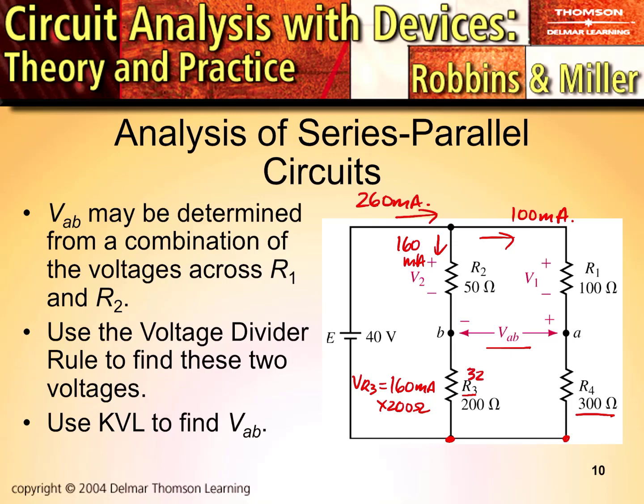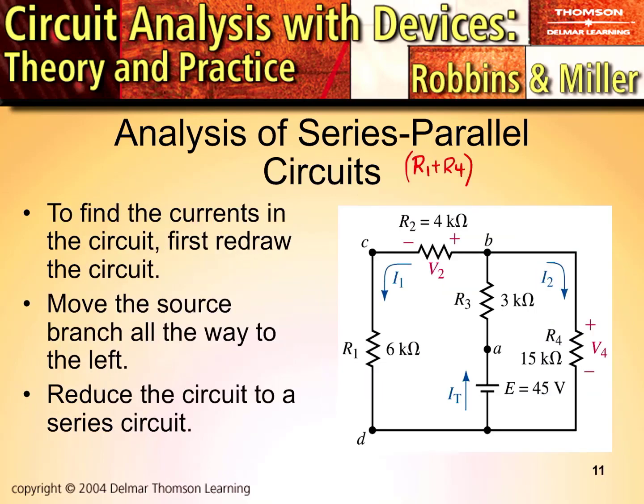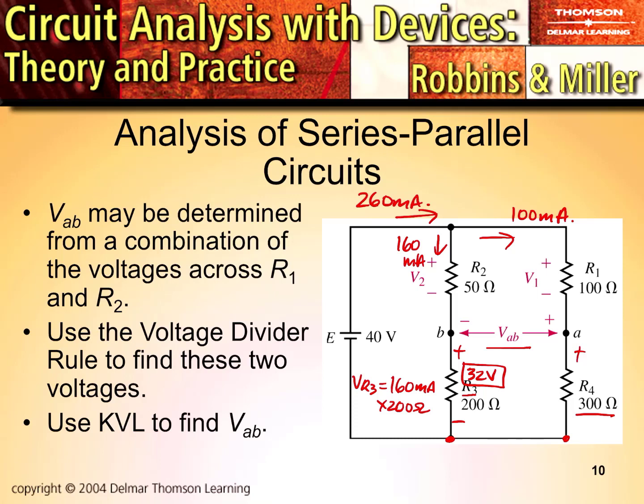So that means we have a 32 volt value for VR3, and the polarity of that drop is plus on the top, minus on the bottom. It's going to be the same polarity here when it comes to VR4. So we're going to calculate VR4. That's going to be 100 milliamps times 300 ohms, which is going to give you 30 volts.